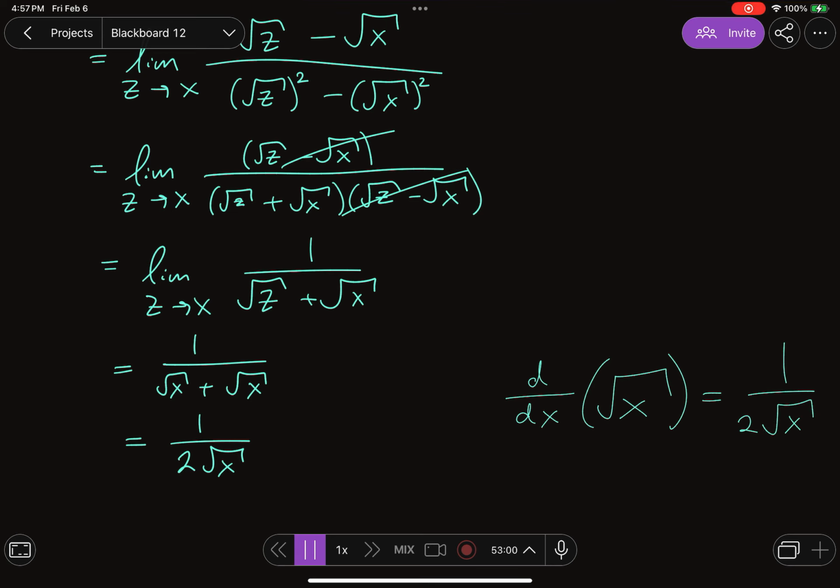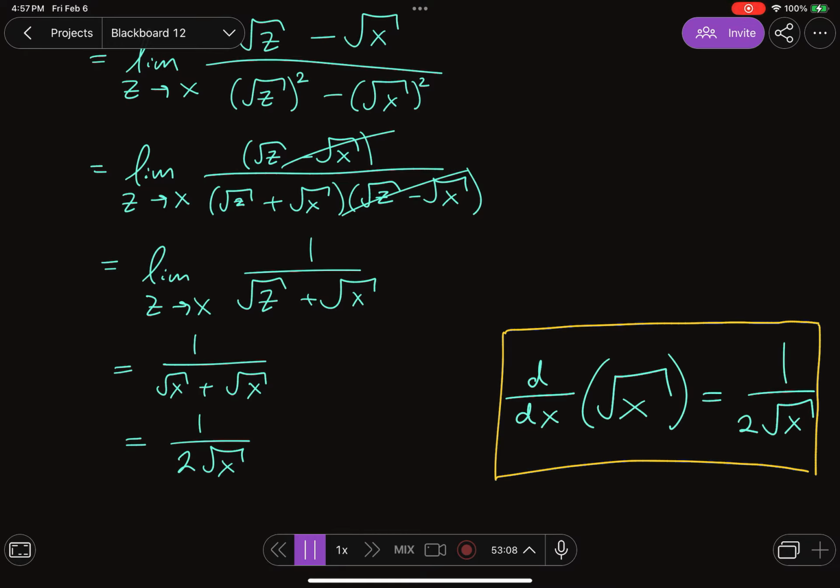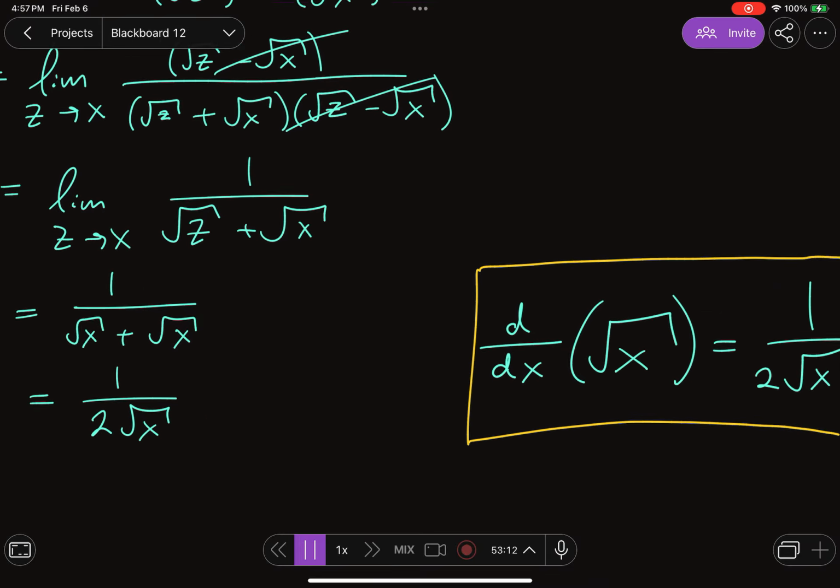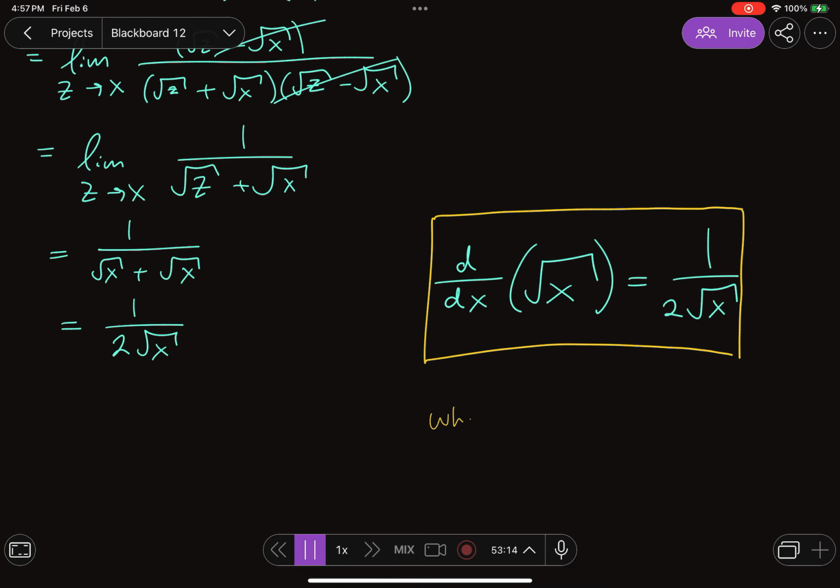If you're in this class, that is something we've got to know by heart. We just got to recognize the derivative of the square root of x as 1 over 2 root x. To emphasize, what is the slope of the curve y equals root x when maybe x equals 25?